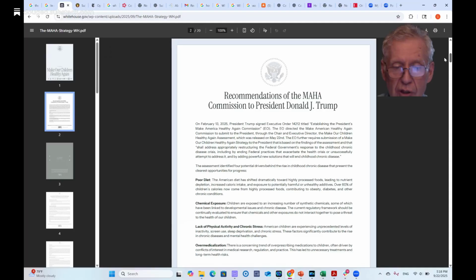So under the overall observations related to children, there were 4, focusing on poor diet, chemical exposure, a lack of physical activity and chronic stress, and over-medicalization. I think those are 4 worthy topics. I'm not sure I would have picked them as the top ones, but it's interesting to know that that's where the federal government appears to be coming from as they propose policies in the years and months ahead.